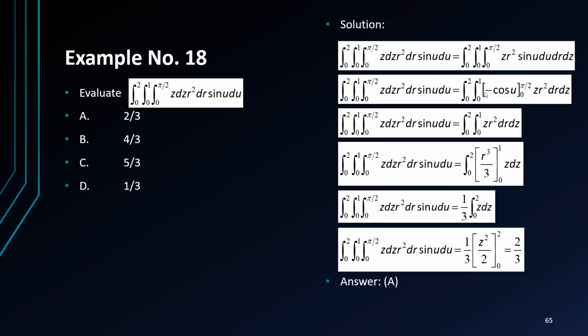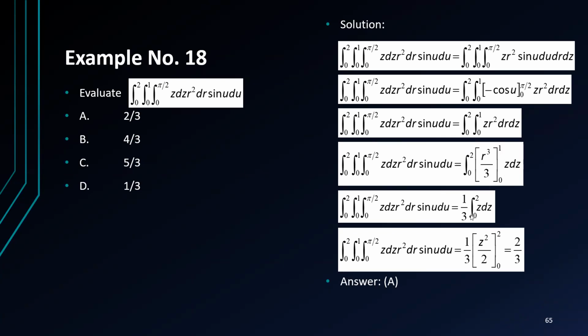Integrate, starting with d theta. The integral of sine theta d theta is negative cosine theta from 0 to pi over 2. The others are r squared dr dz. Once you integrate it, what comes out is 1, so it disappears here. It becomes z r squared dr. Now dr: where is r? z is constant, so don't touch z. It becomes 1/3 of r cubed, from 1 to 0, so this is 0.